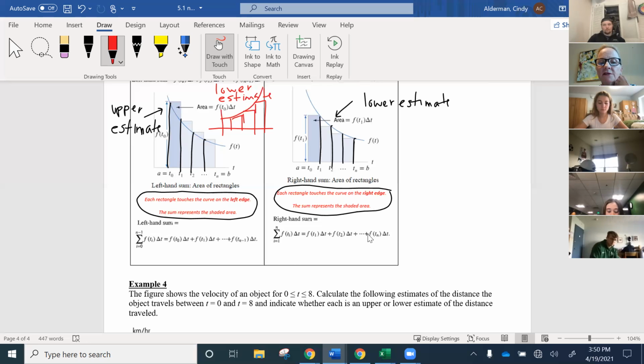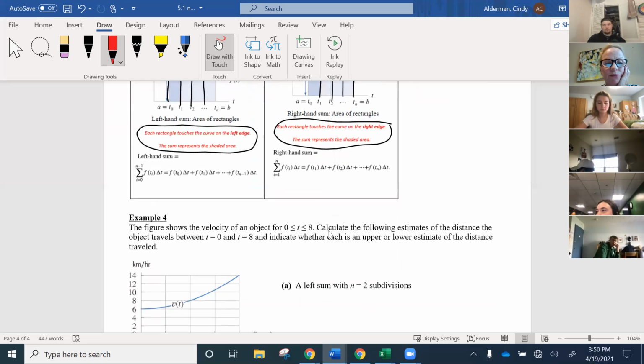So these are formulas, and don't worry, you won't have to memorize those. You basically just did it. It's just showing you, summation means add all these things up, right? So they're saying add the first rate times the change in time, plus the second rate times the change in time, and so on.